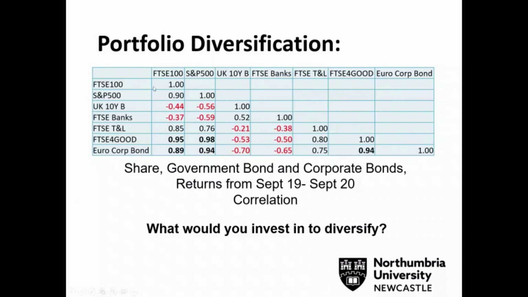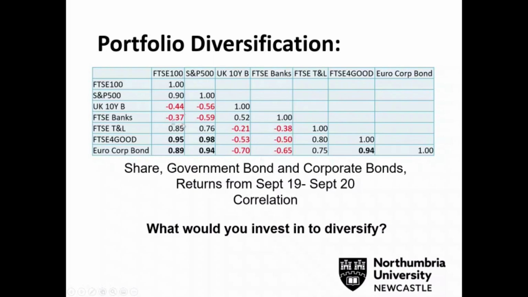So if we're invested in an ETF for the FTSE 100, then you're probably going to diversify by also buying into the UK Treasury 10-year bond, and potentially additional stocks in the FTSE banks. But you're not going to buy corporate debt or the ethical fund, because they go up in line with the FTSE 100.